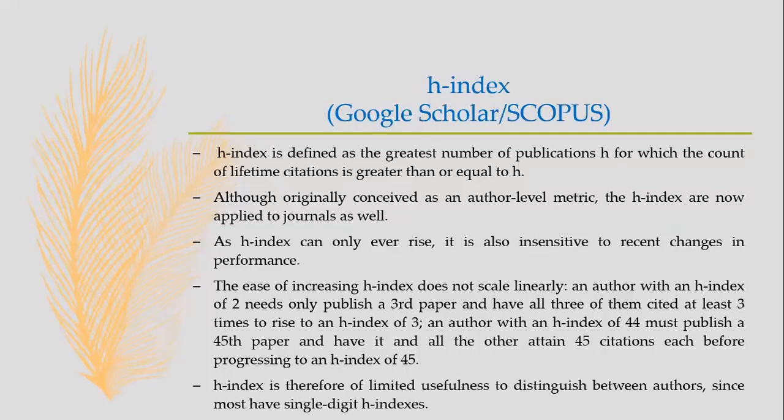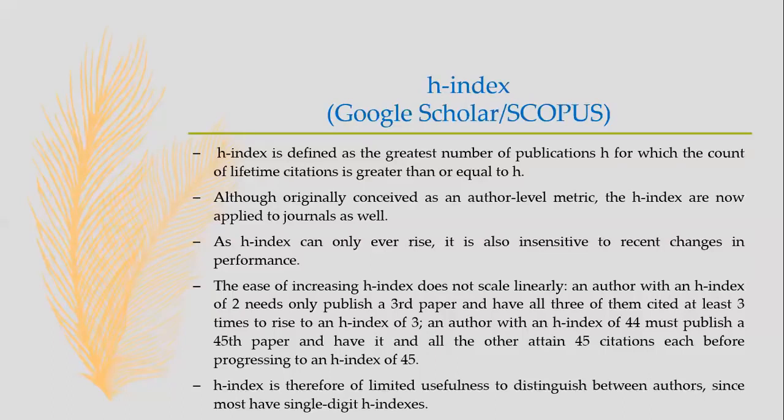For example, if I say that my H index is 15, it means I have published at least 15 papers, and each of these 15 papers has at least 15 citations. So it means n number of papers having n number of citations in each of them, or h number of papers having h number of citations in each of them.